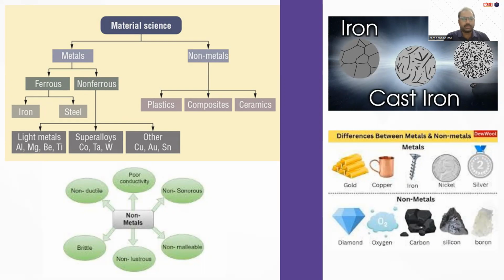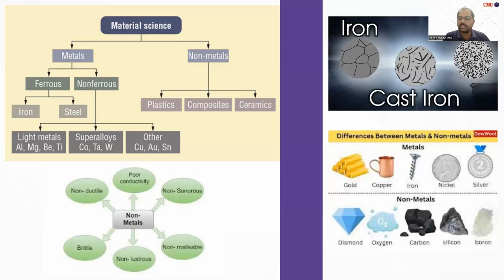Coming to the non-metals, the properties are non-ductile, poor conductivity, non-malleable, non-lustrous, brittle. And these are some of the differences between the metals and non-metals. For example, consider copper jugs, iron screws, and medals.